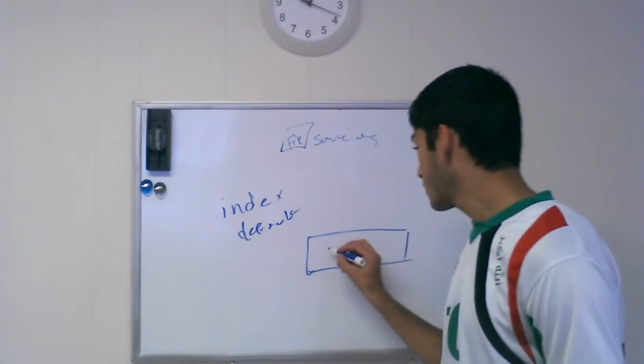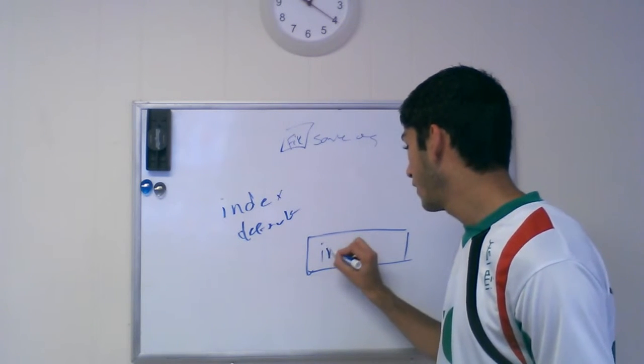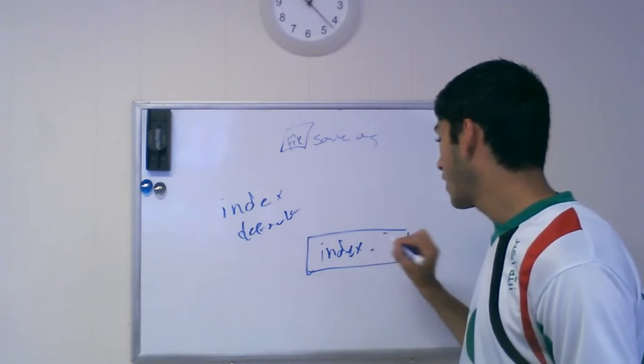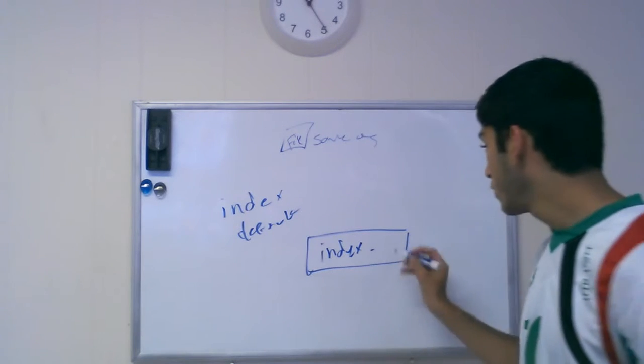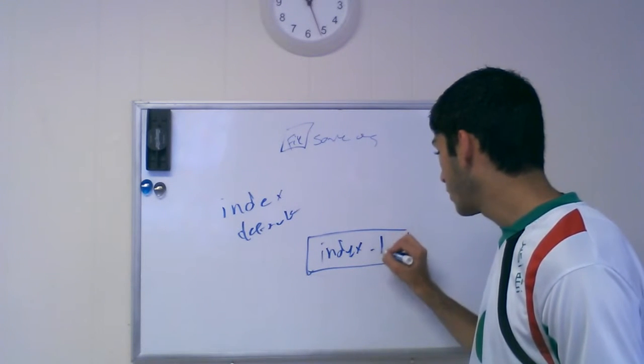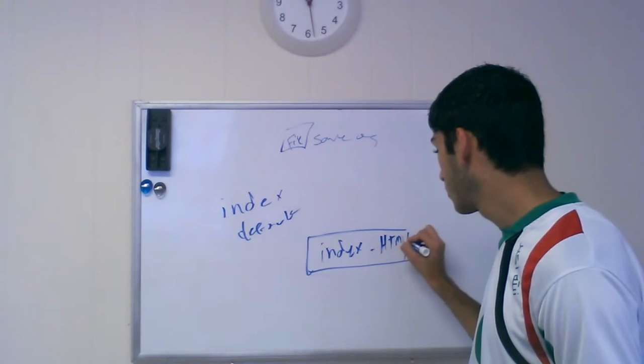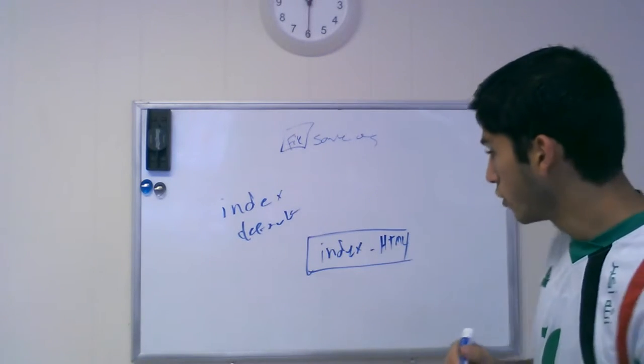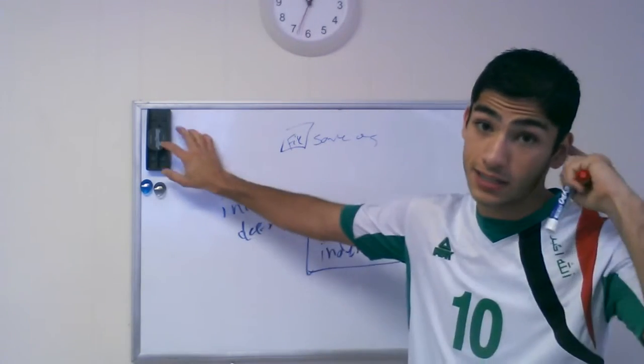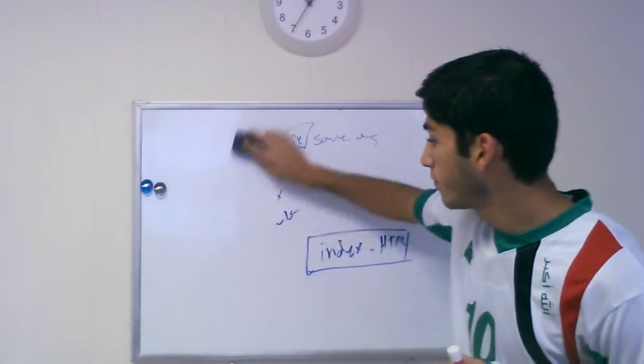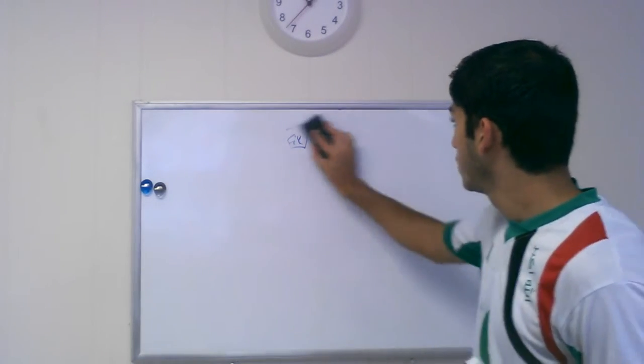So let's just go with index. So you write index dot, and this is the important part, you write .html. So you go to index.html, and then it's going to save as an HTML file.